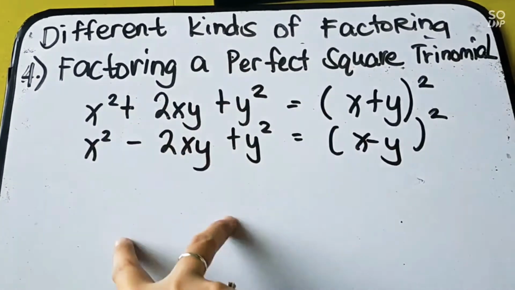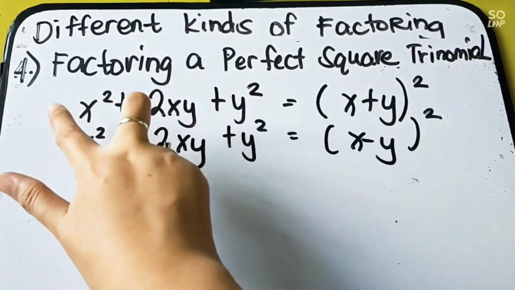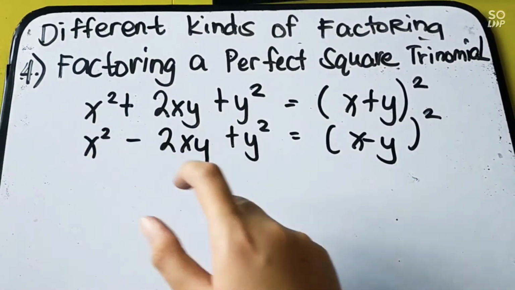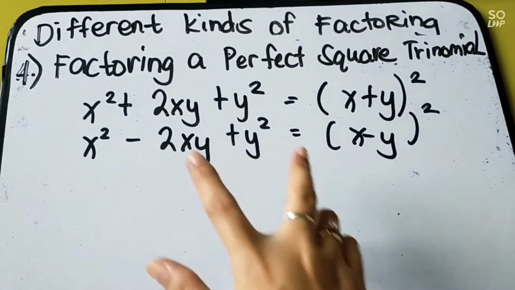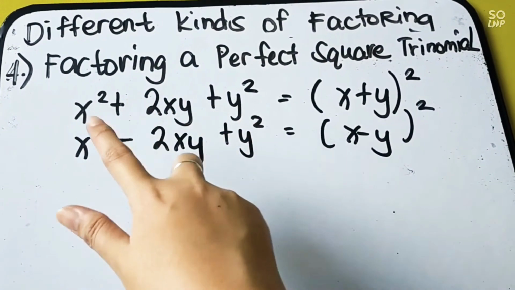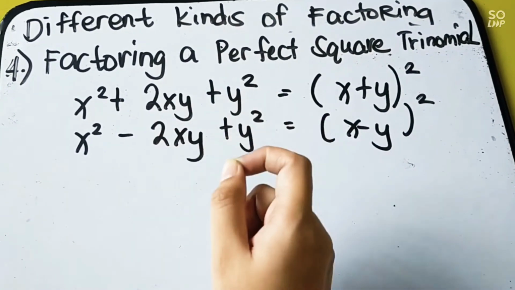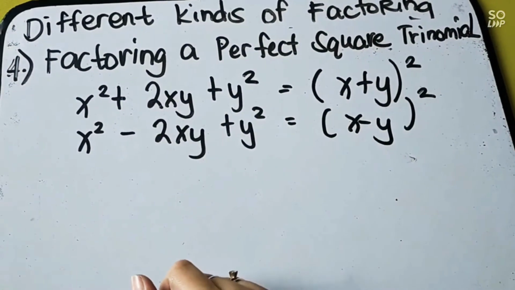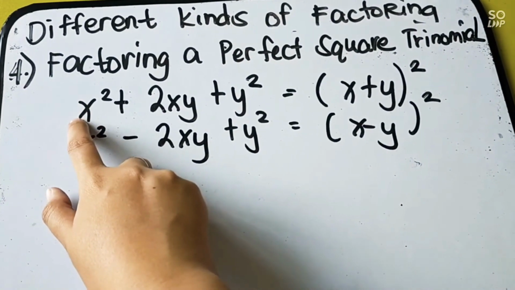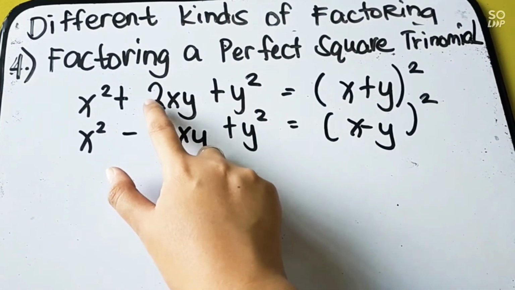Then, tandaan nyo, yung dapat na dalawang dulo niya is a perfect square. Alright? Perfect square. Then, afterwards, pag nakuha mo yung square root niya, minultiply mo sa 2, yun dapat yung gitna. Diba? So, kapag minultiply mo yung x times y, then multiply sa 2, the answer is 2xy.